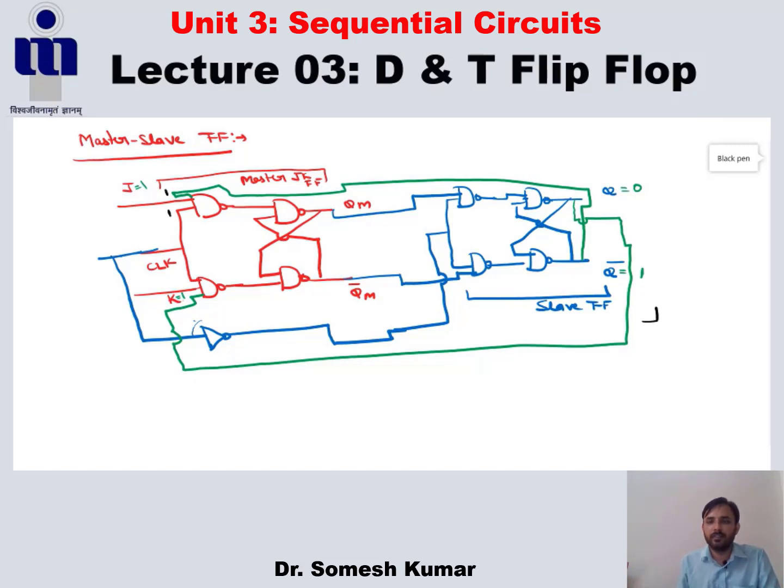I am saying this is our clock, and this is the clock for the slave flip-flop. I am saying this is clock 1, this is clock 1. So here all three inputs of this NAND gate are 1, 1, 1, and the output becomes 0, and here the clock is also 1, K is 1, and this becomes 1.